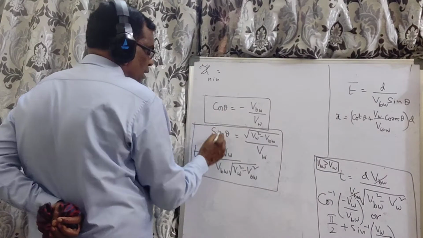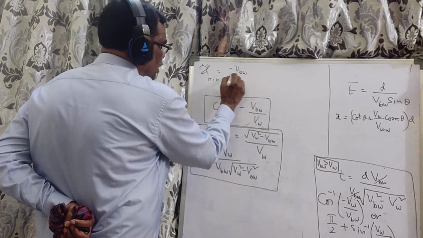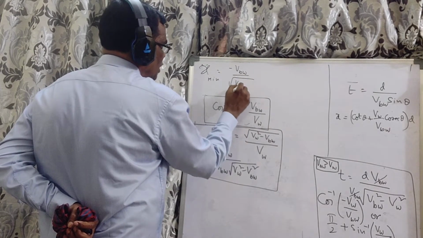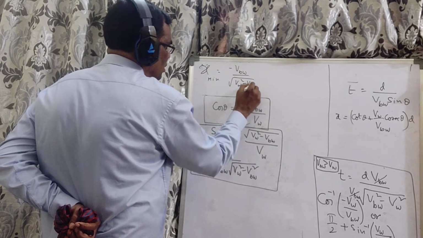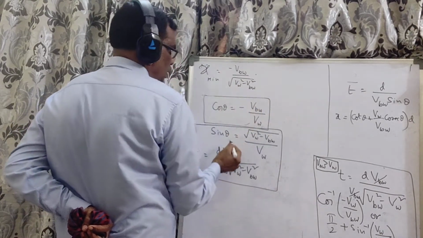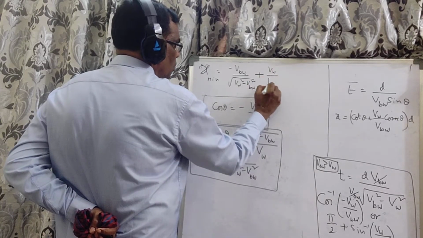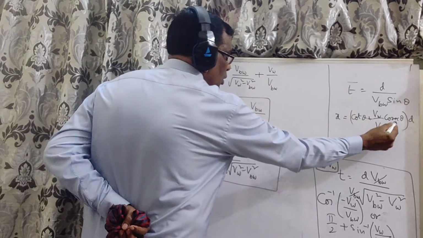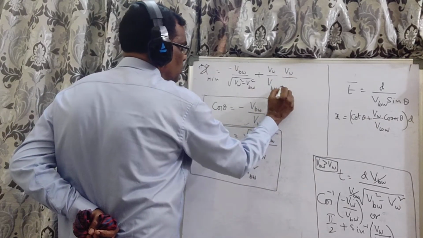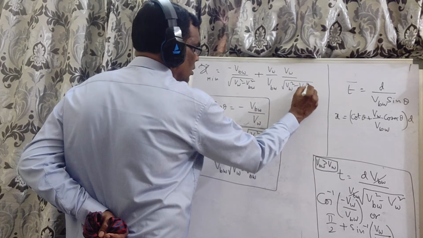Cos by sin. So if I do, I get this minus VBW by root of VW square, that is cot theta, plus cosecant theta is also plus VW by VBW, cosecant 1 by sin theta, that is VW by root of VW square, right.